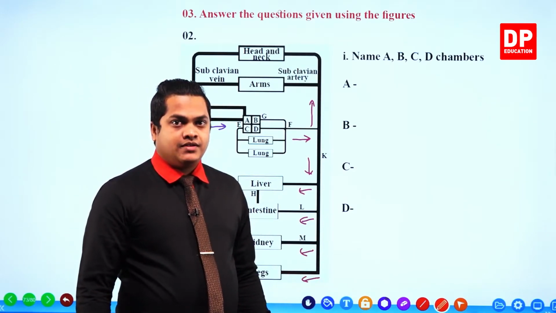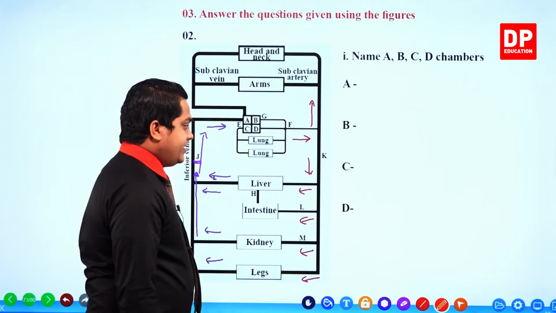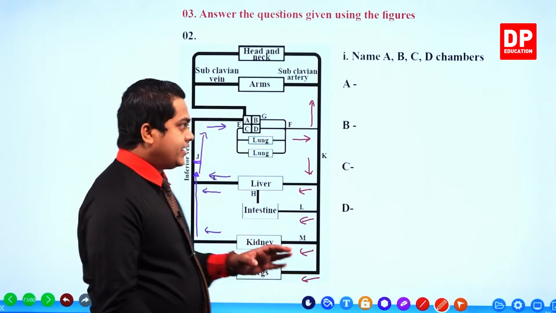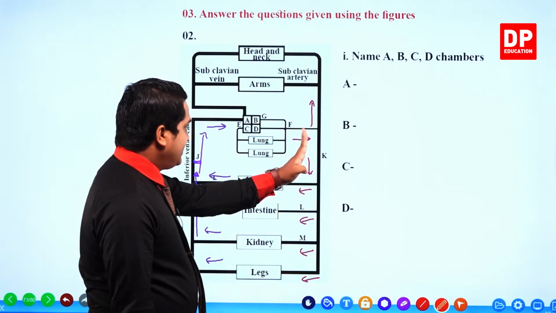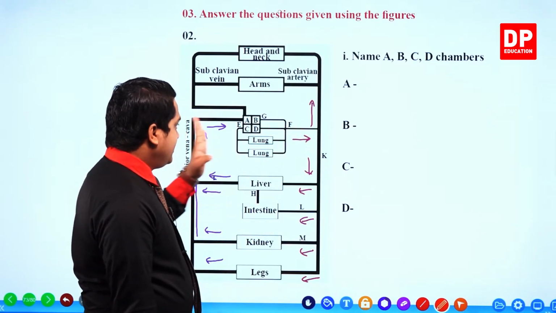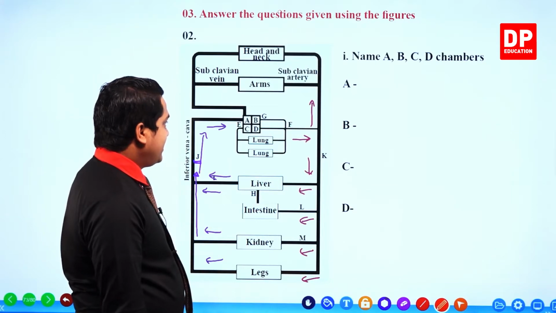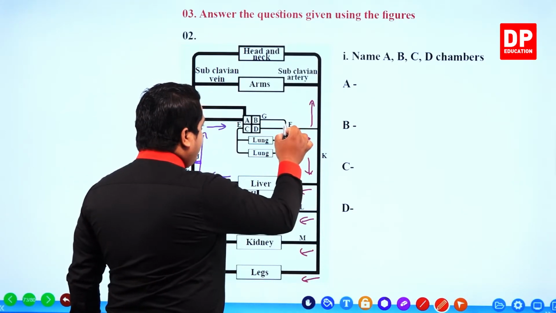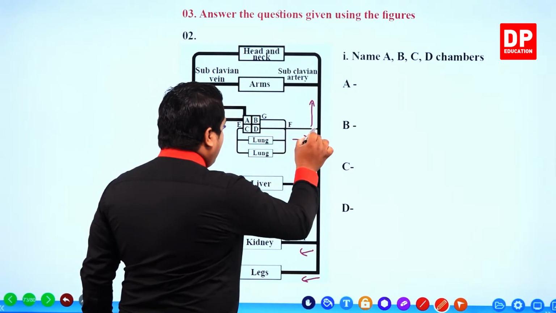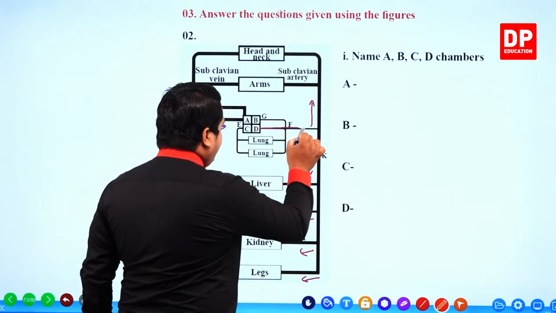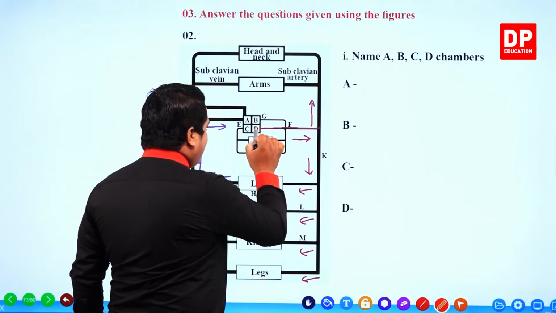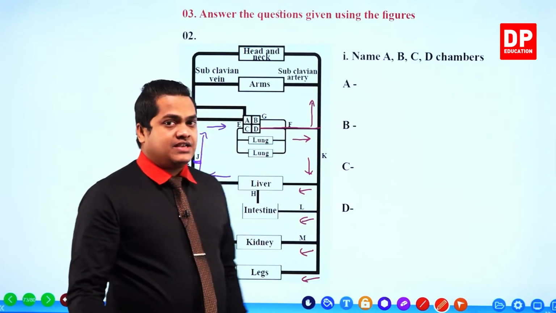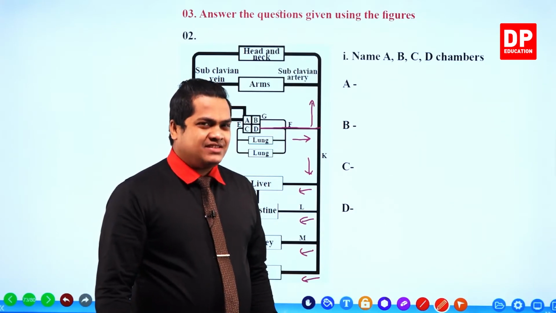Okay, my dear children, now we can identify the left and right sides of our heart. So this should be the left-hand side, and this one the right-hand side. F is directly connected with the D chamber, so F is the one referred to as the aorta.